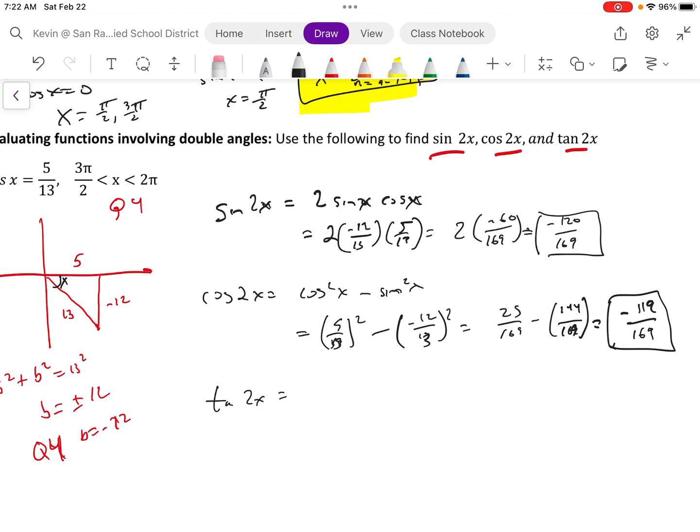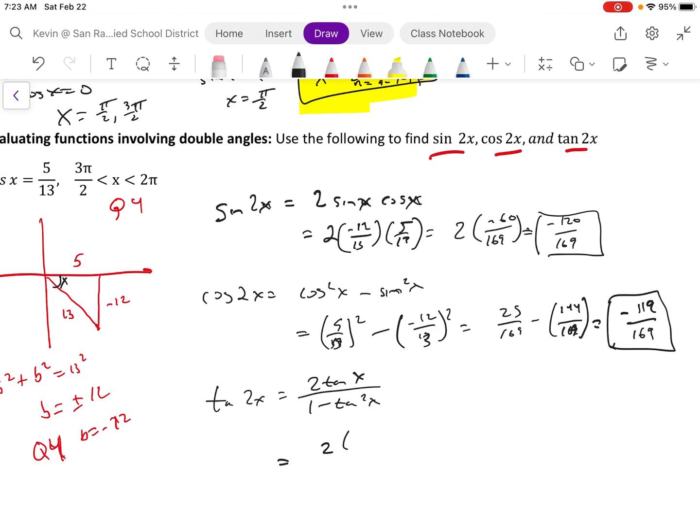Tangent 2x. Should we check our formula? Our formula is 2 tangent x over 1 minus tangent squared x. So let's put that in.